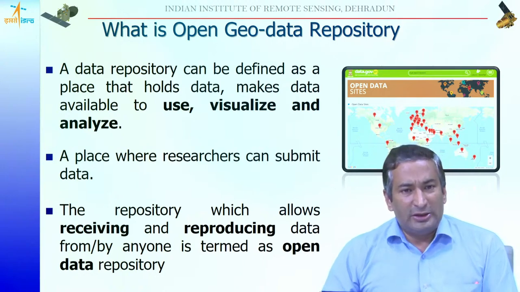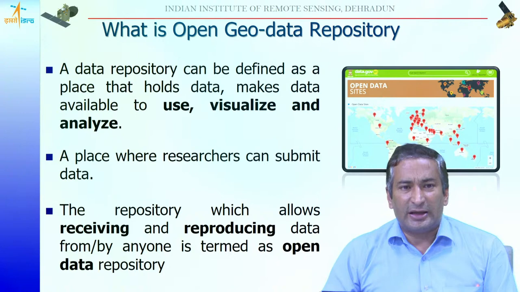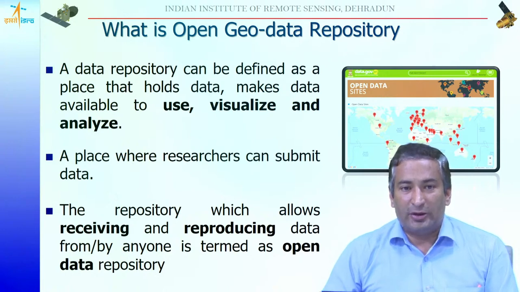Now it is also a place where researchers can submit their data sets. The data repository which allows receiving and reproducing the data by or from anyone is termed an open data repository. There are different types of data repositories.